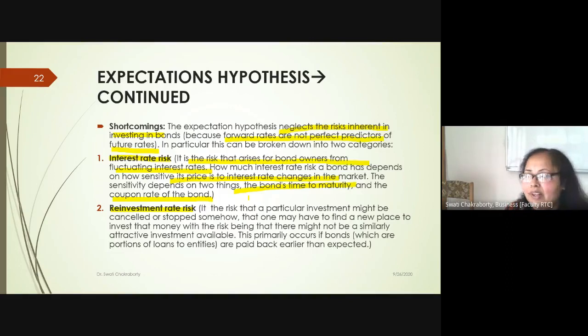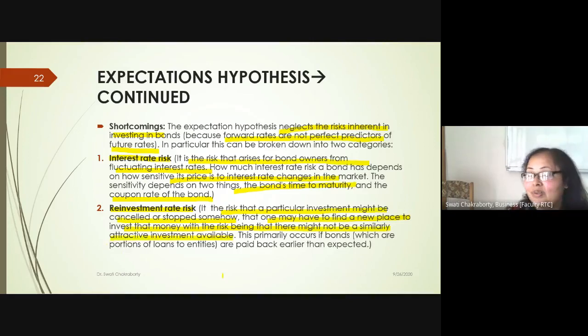So we know the rate of interest is inversely related to the price, right? So that's how it comes up. Second is the reinvestment rate risk. It's the risk that a particular investment can be cancelled or stopped at some point, and that one may have to find a new place to invest that money, with the risk being that there might not be a similarly attractive investment available.